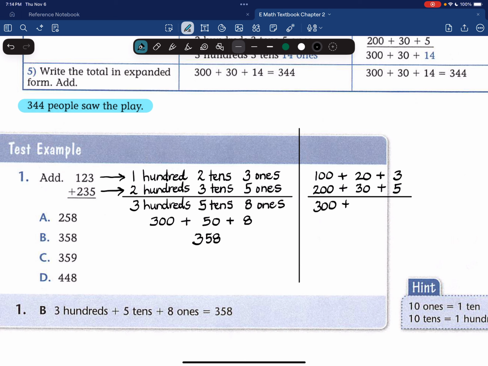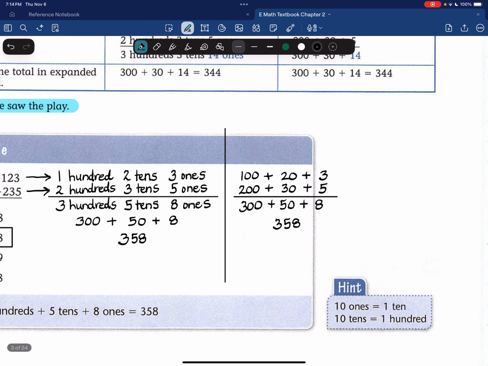So 300 plus 50 plus 8 is 358. And that is our final answer. That is option B as in boy.